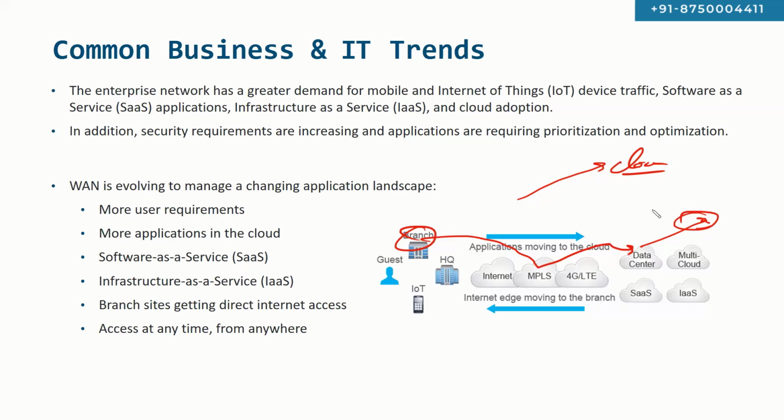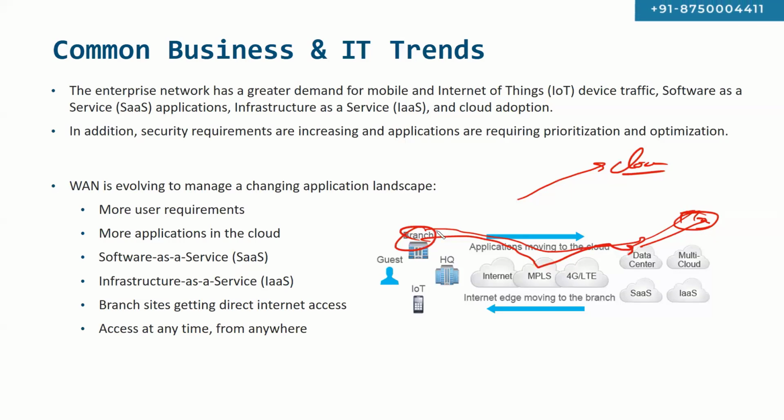So if you have a SaaS-based application like Office 365, from the branch first you will come to the data center using MPLS, and then from there you will go to the internet. And that is going to take so long. Obviously, I would say latency would be higher. So the performance will be degraded then.